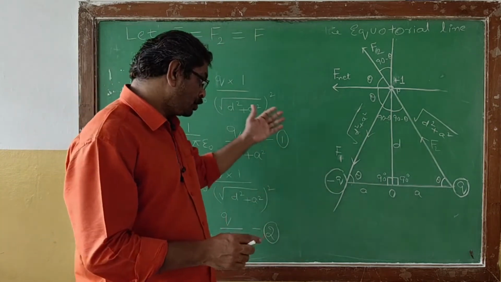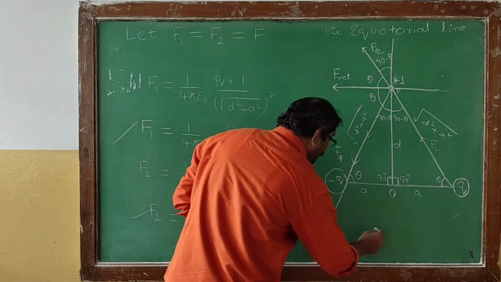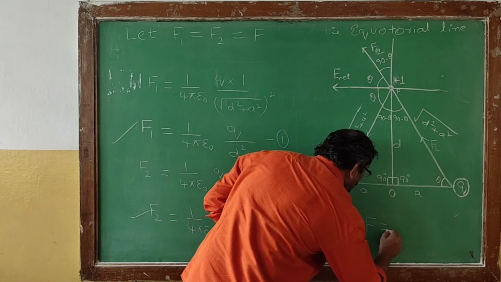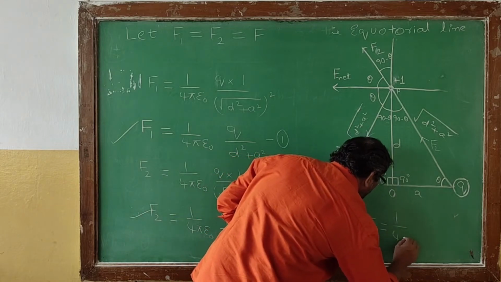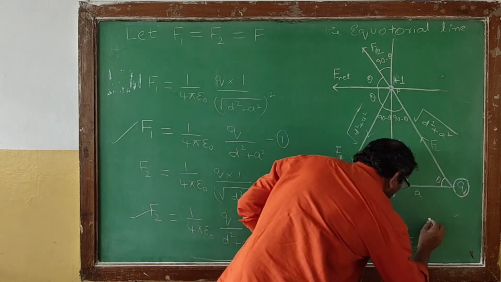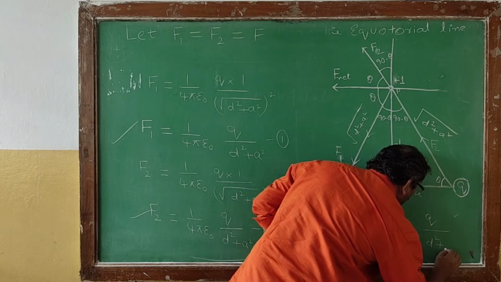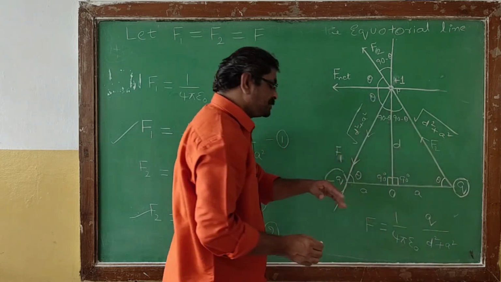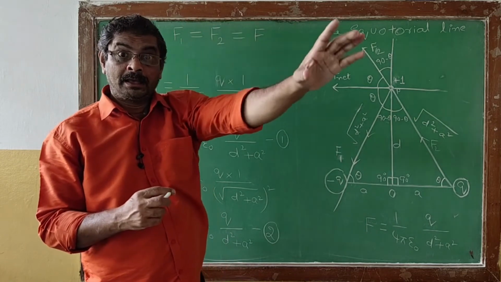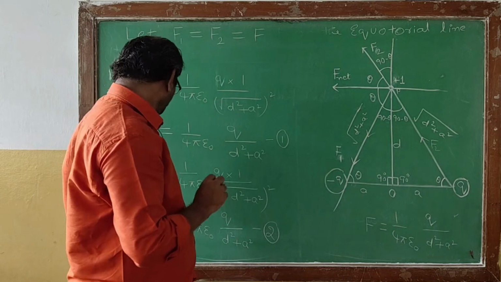Remember, we already got the magnitude of any one of the forces. So I will write down F will be numerically equal to 1 by 4 pi epsilon naught q divided by d square plus a square. I'm writing it outside so that I can remember it for the remaining derivation.